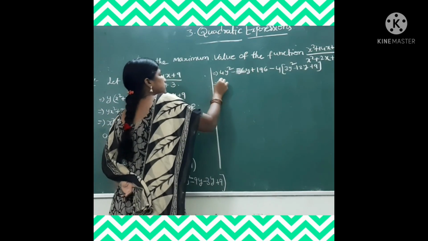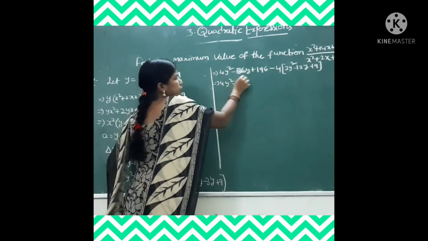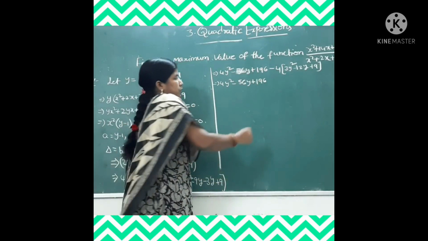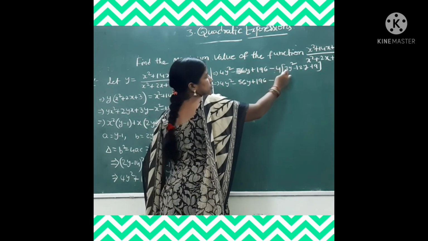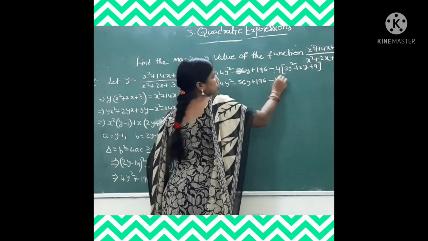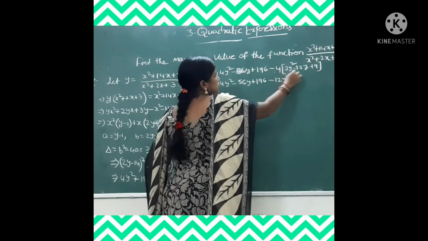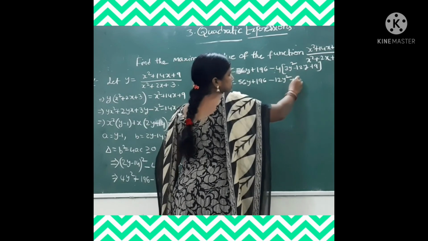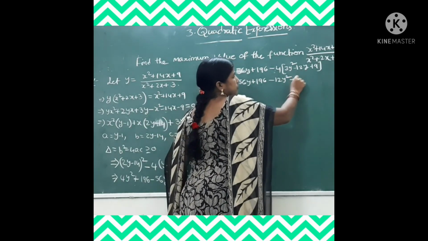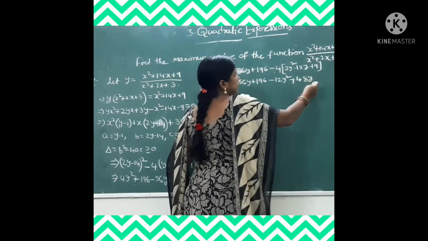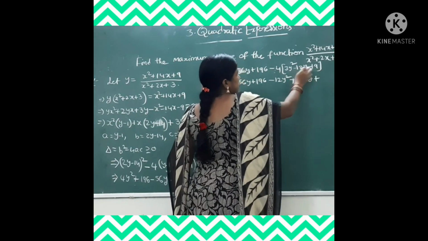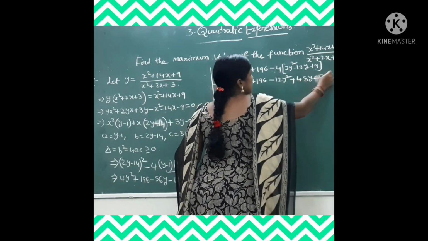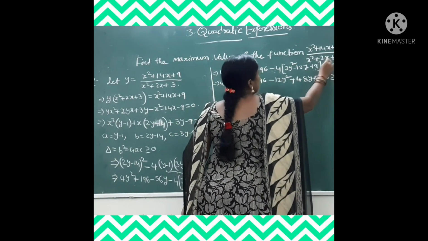Okay. Now 4y square minus 56y plus 196, minus here 4 3s means 12y square, and minus into minus plus 12 4s are 48y, plus into minus 9, 4 9s are 36. Okay, this is greater than or equal to 0.